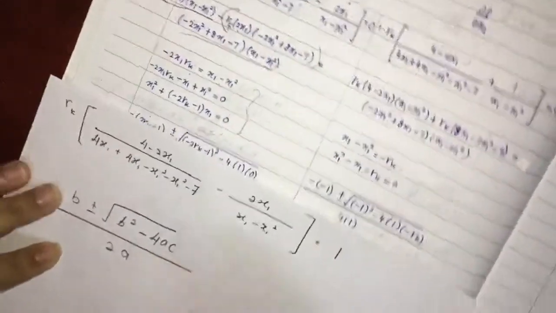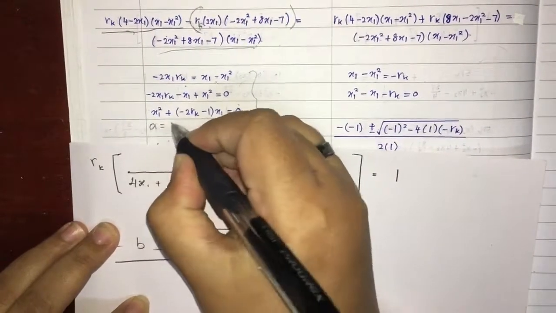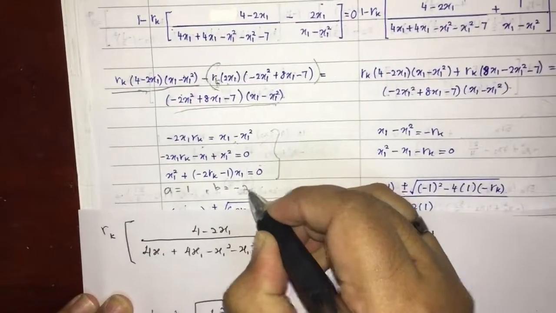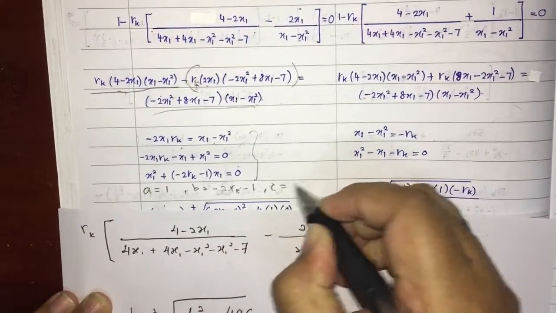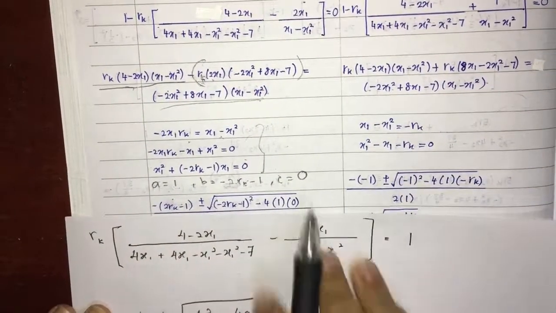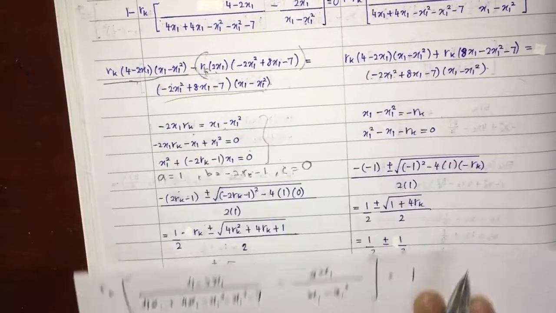So here our a is 1, b equal to negative 2RK minus 1, and c equal to 0. We substitute all this into the formula, then we get this.